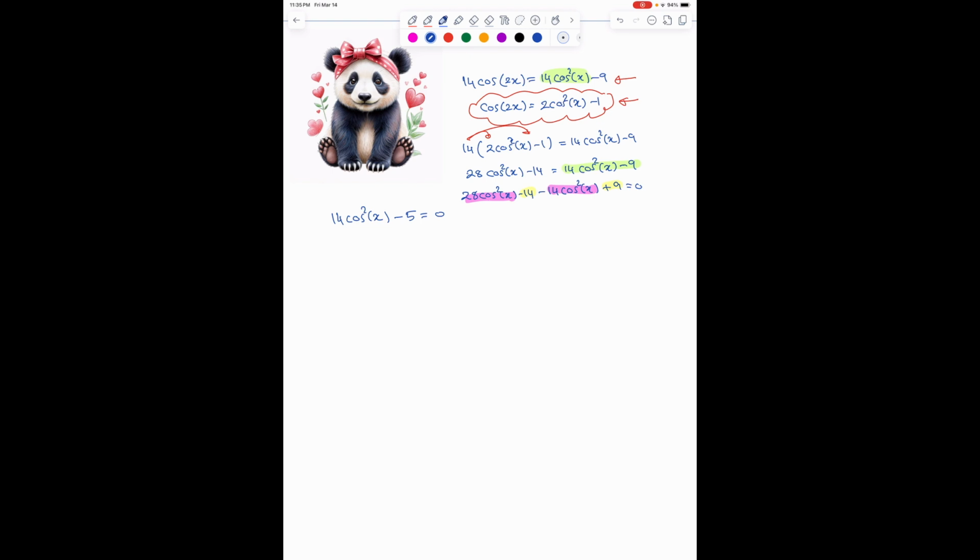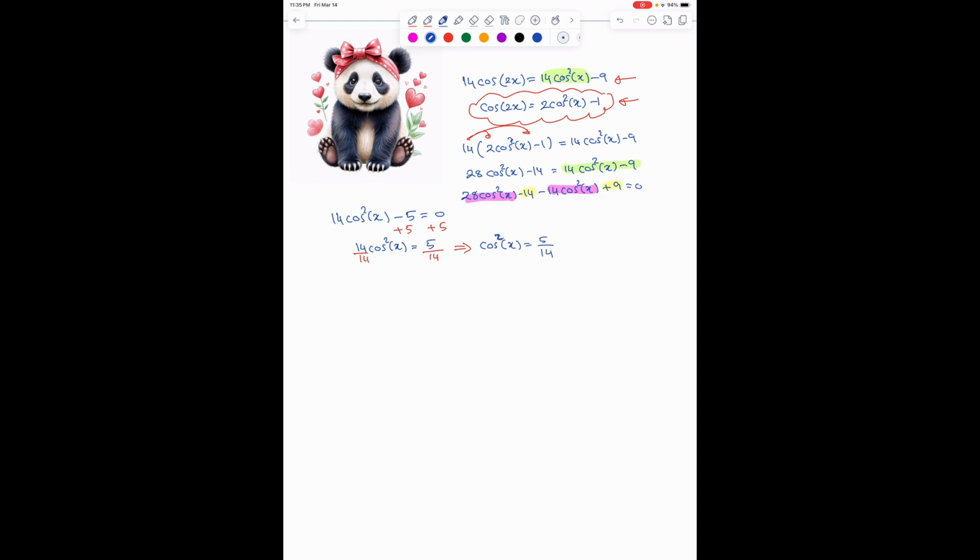Now, to solve this equation, we first need to add 5 to both sides. So we will get 14 cosine square x equals 5. Now we're going to divide both sides by 14. We will get cosine square x equals 5 over 14.